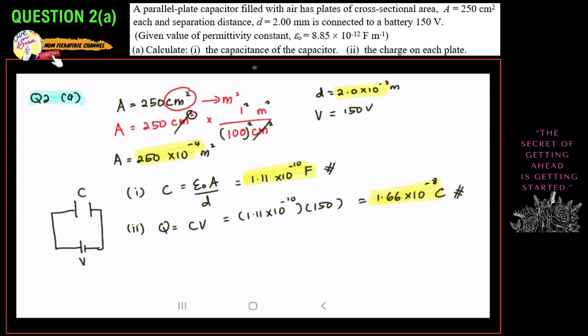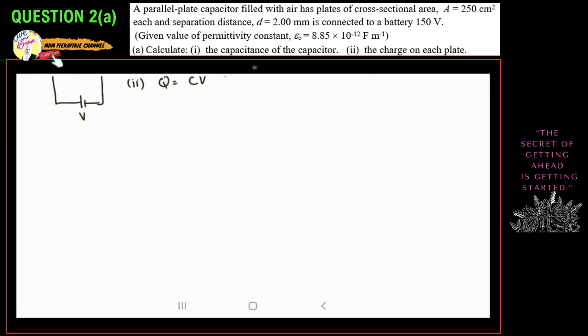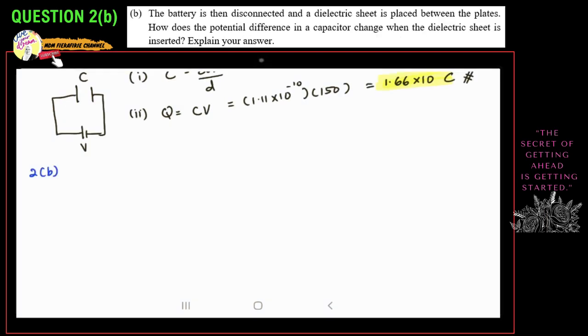Alright, so how about 2B? Let's proceed. For 2B, this time the battery is disconnected. Let's say this is the before, or initial condition. After that, we disconnected the battery from the capacitor.